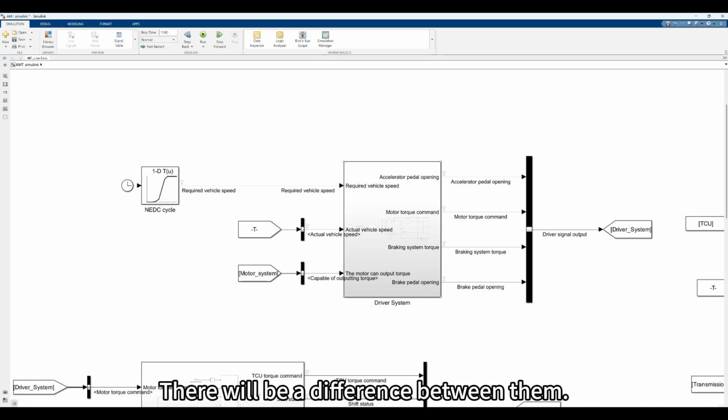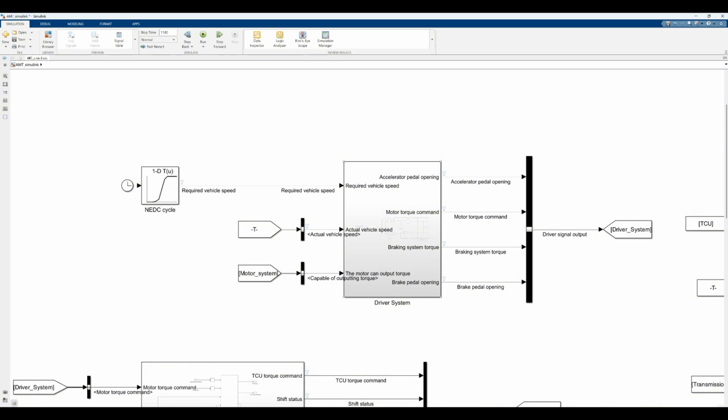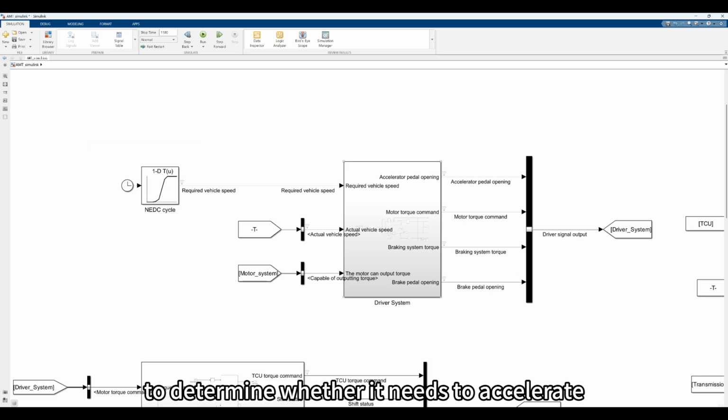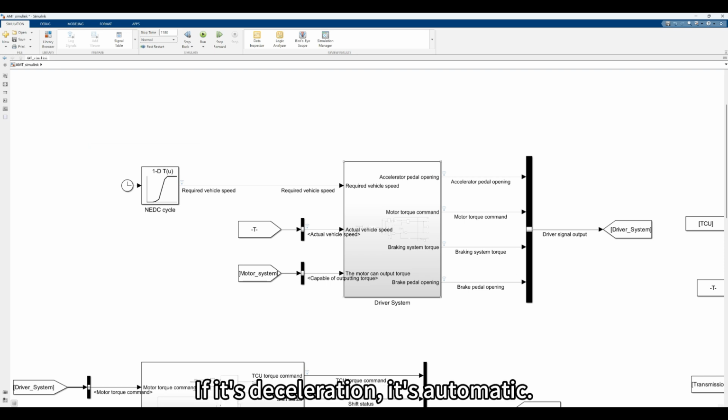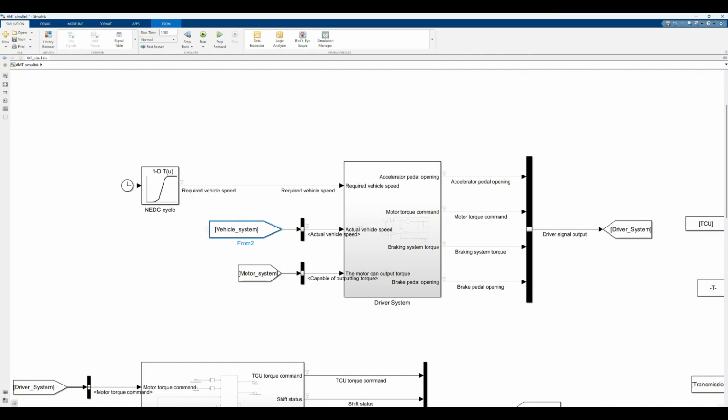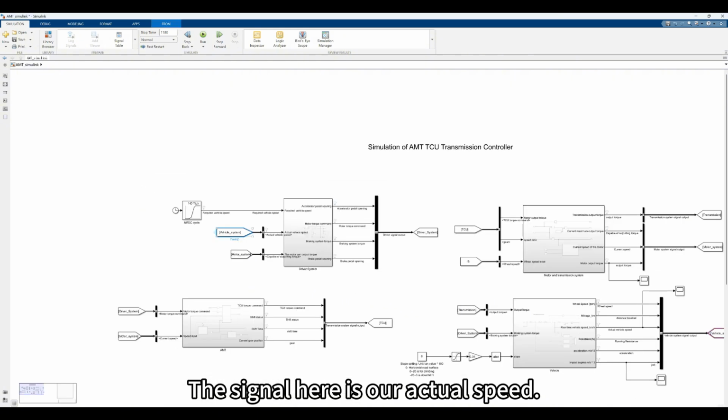There will be a difference between them. Based on this difference, it determines whether it needs to accelerate or decelerate. If it's deceleration, it's automatic. The signal here is our actual speed.